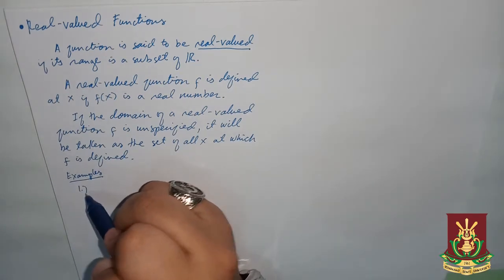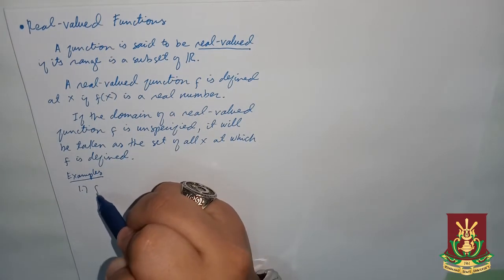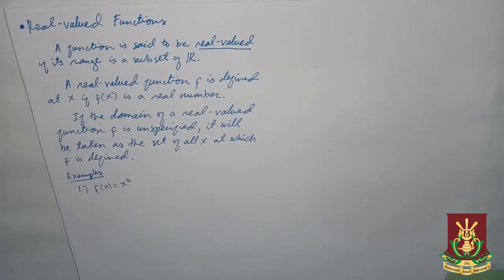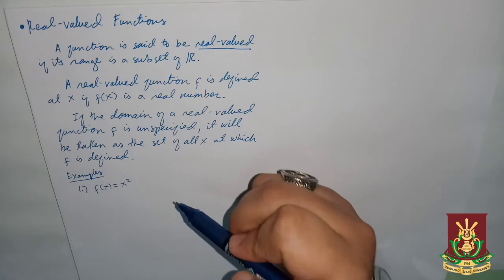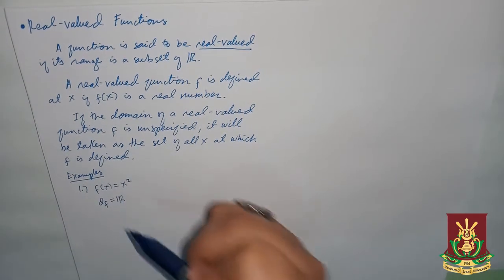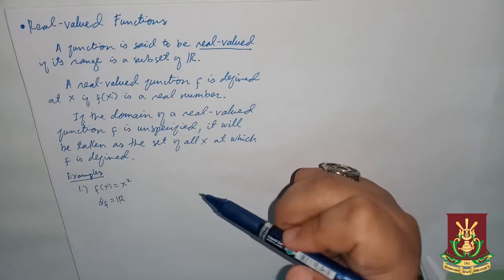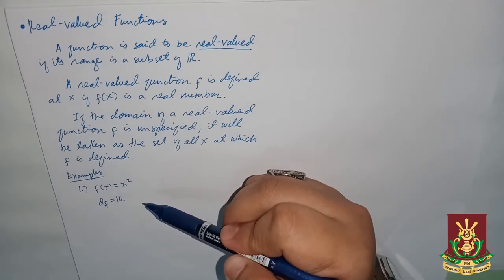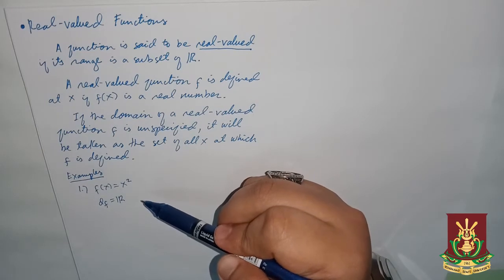First, let's consider the function f of x equals x squared. The domain of this function is clearly the set of real numbers because this function is defined for any real number x.